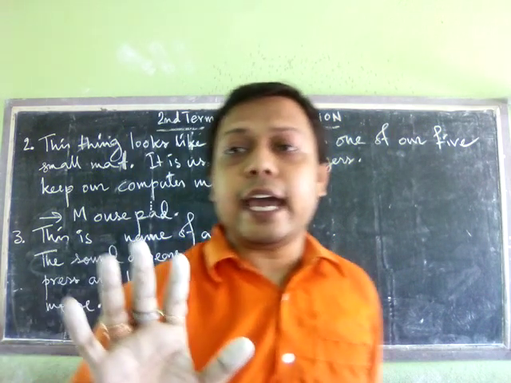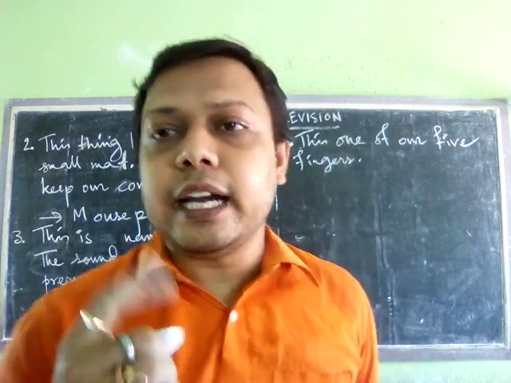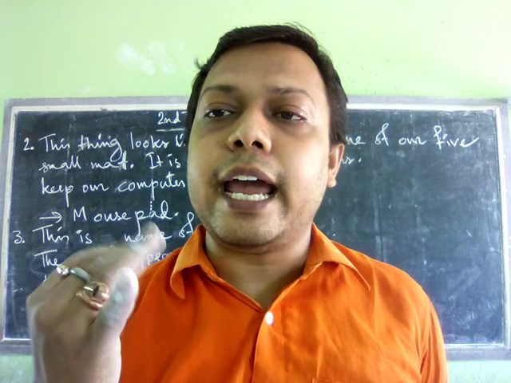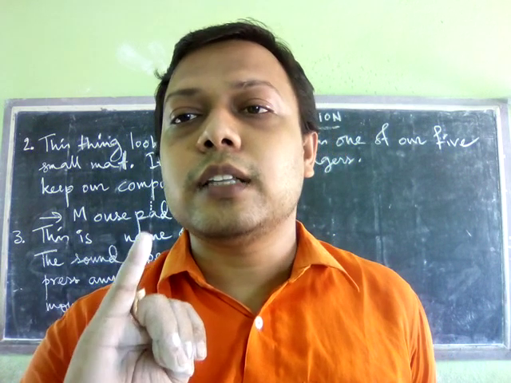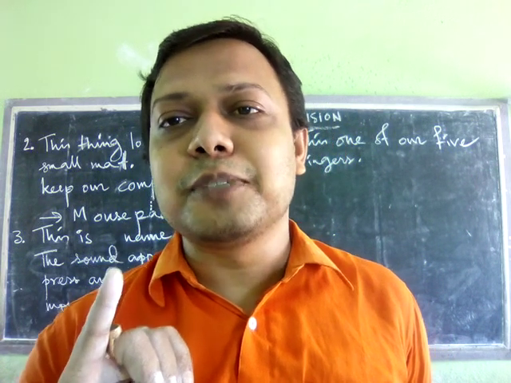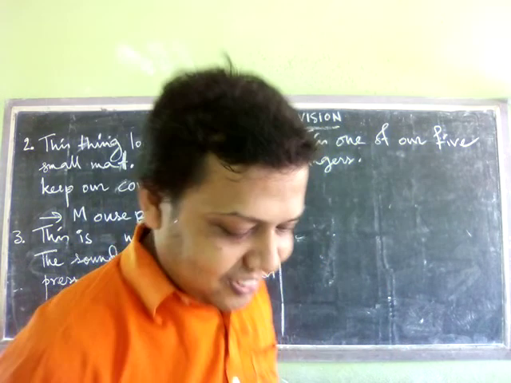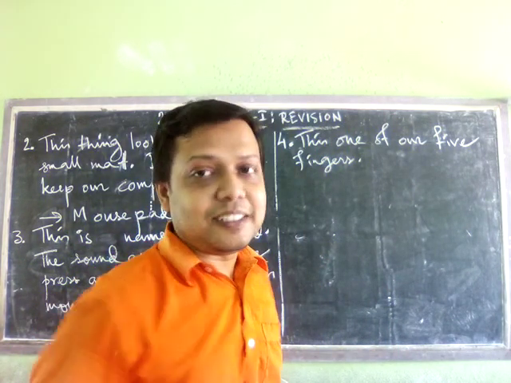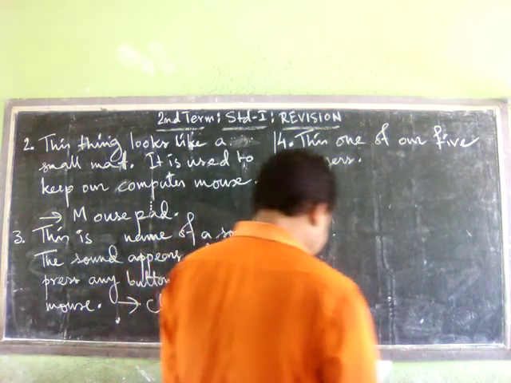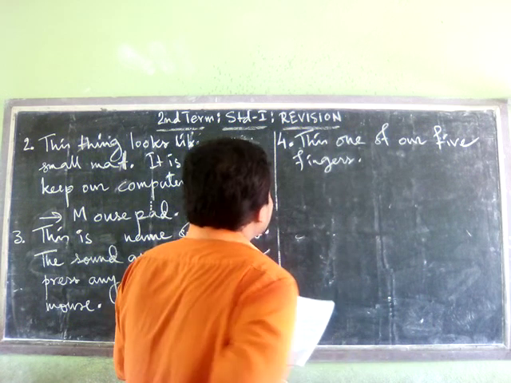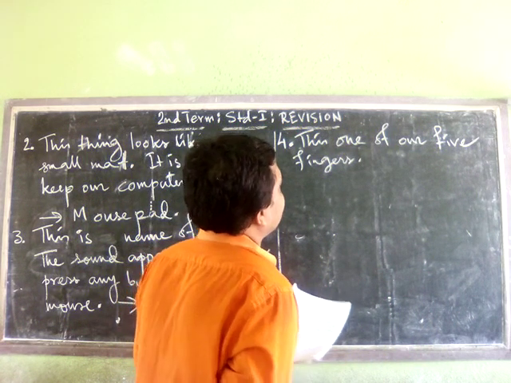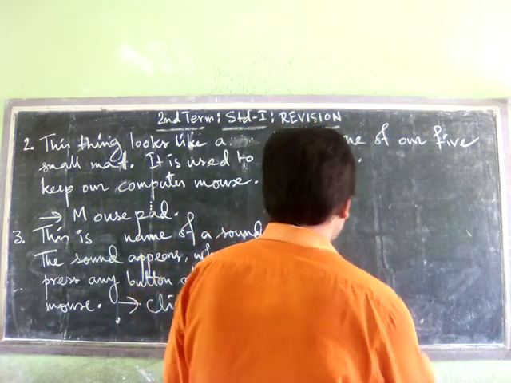Every finger has a name: thumb finger, index finger, middle finger, ring finger, and this is the little finger.